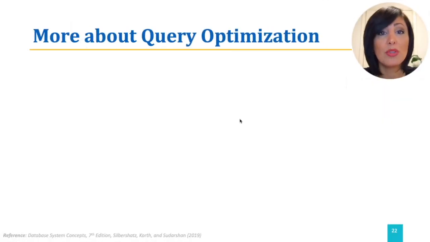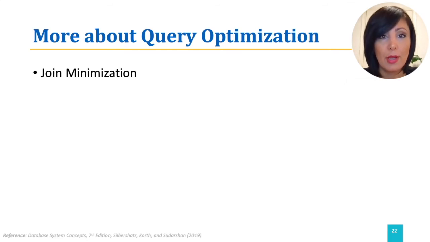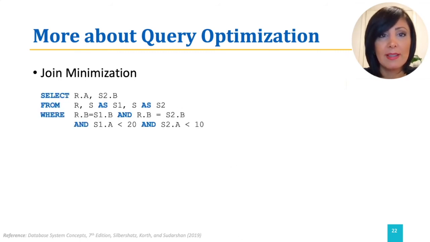Sometimes more relations are joined for the query than actually required. This happens more often when views are used for plan generation. For example, in the shown query, S1 and S2 are the same as S. Therefore, the join with both of them is redundant and one can be dropped.